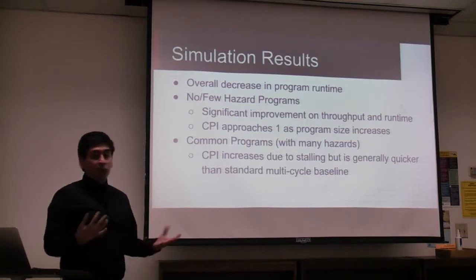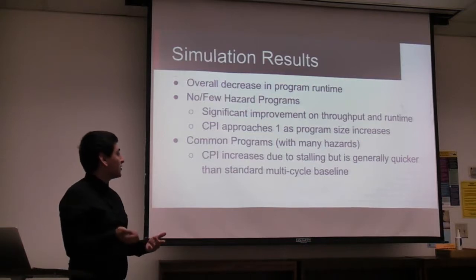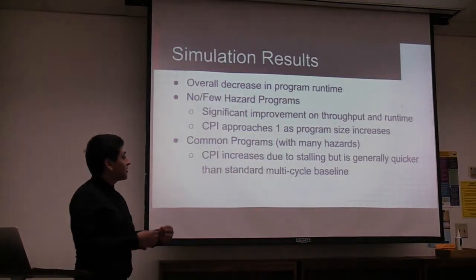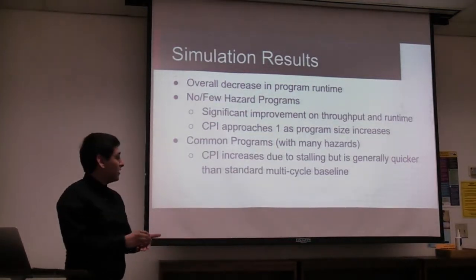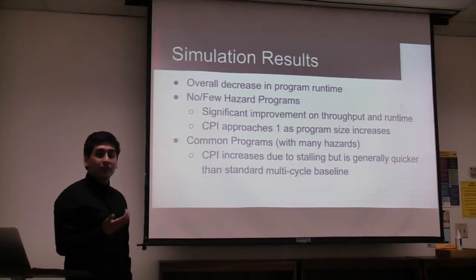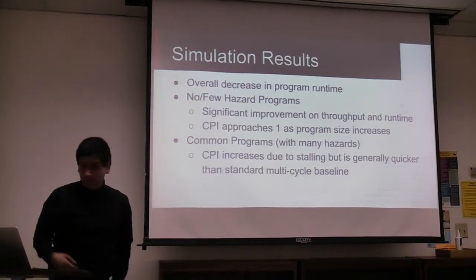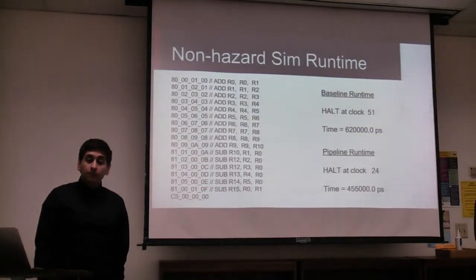But typical programs have a lot of hazards, especially your test modules, so the CPI is not going to approach 1. It's going to increase, but we found that generally it's still a bit faster than the baseline processors.